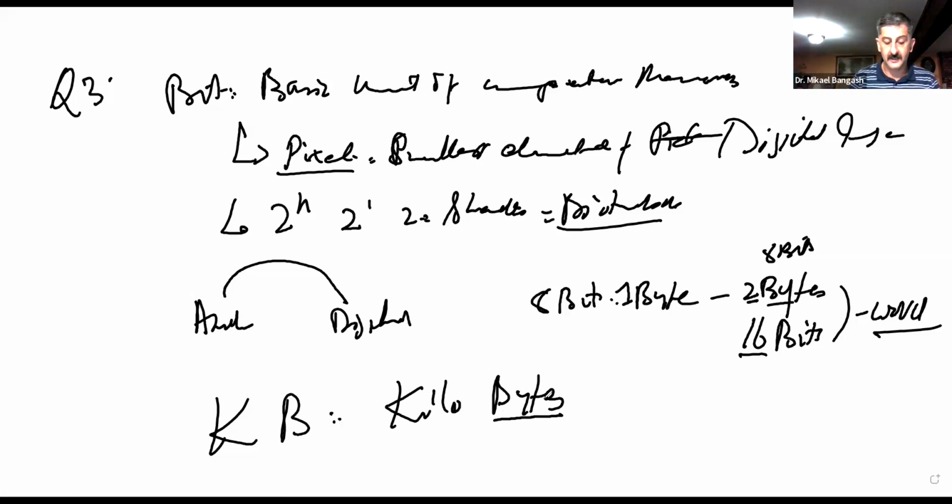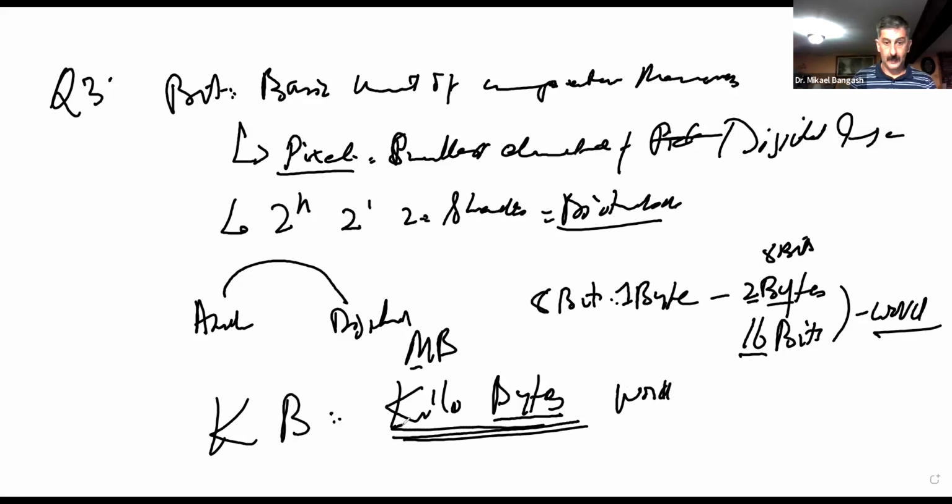Now here these are pictures, but even regular Word documents or any file is going to be expressed in how many bytes they are made up of. You may see something like MB, which is going to be megabytes.